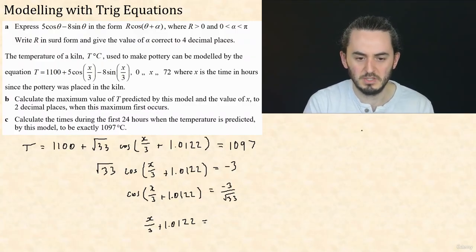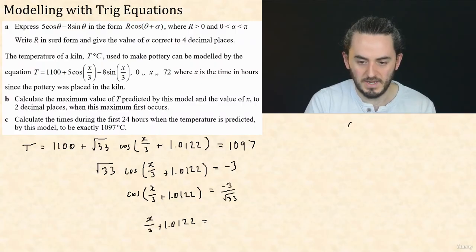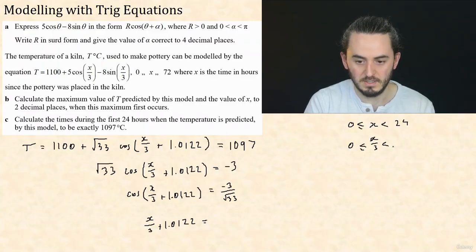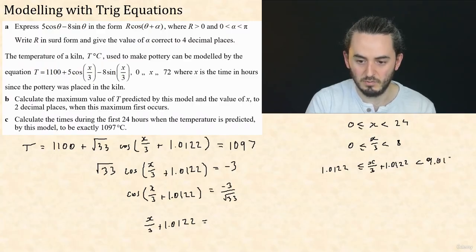So a little trick that can be useful here is that if I want x values between 0 and 24, then I would want x over 3 values between 0 and 8, and I would want x over 3 plus 1.0122 values between 1.0122 and 9.0122.